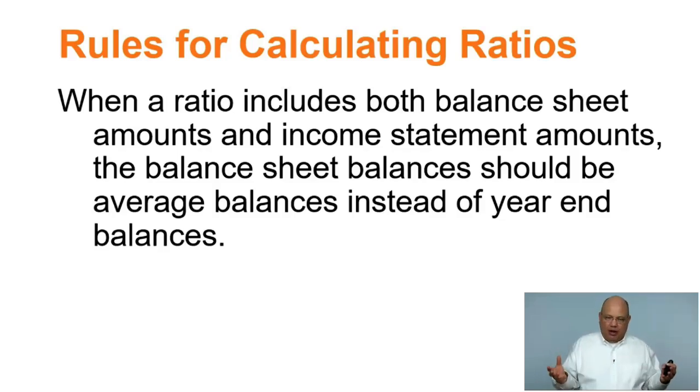Now, the simple way we take an average is beginning plus ending divided by 2. That's most likely what you would have to do on an exam. They'll give you the beginning balance, the ending balance, and you calculate the average balance. So when we're comparing balance sheet and income statement amounts, those balance sheet amounts need to be the average balance and not just the year-end balance.